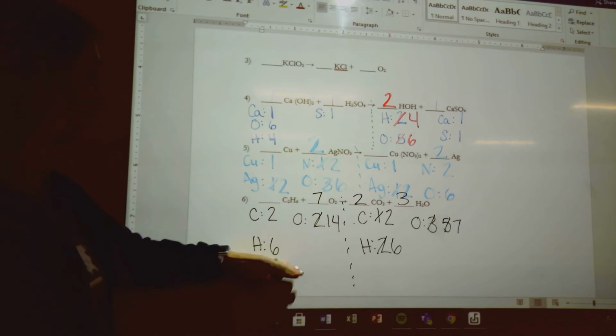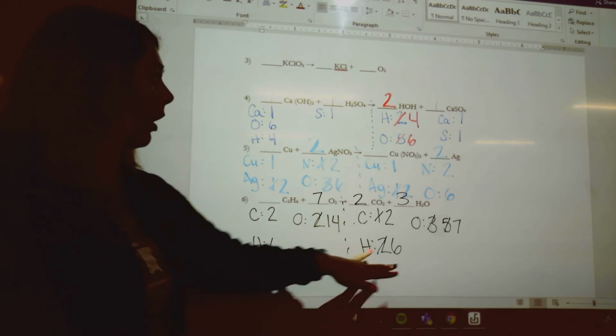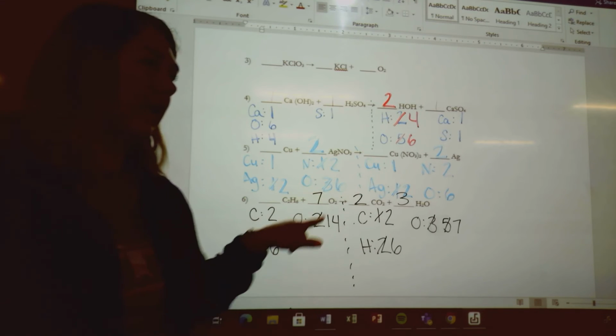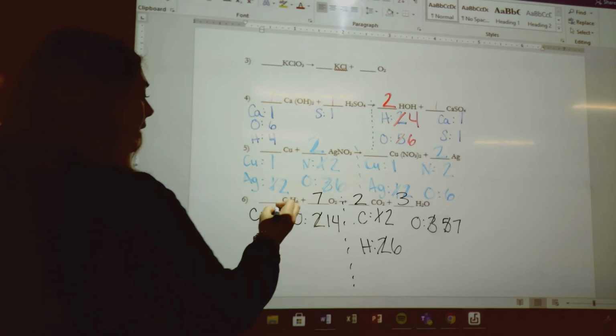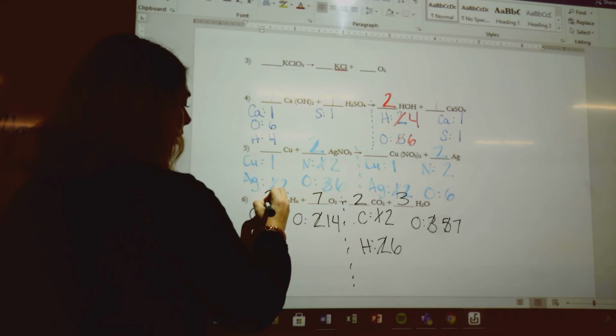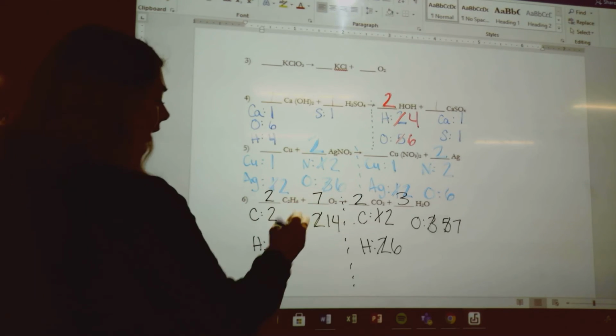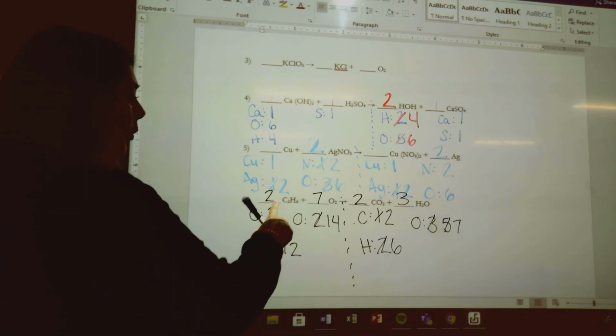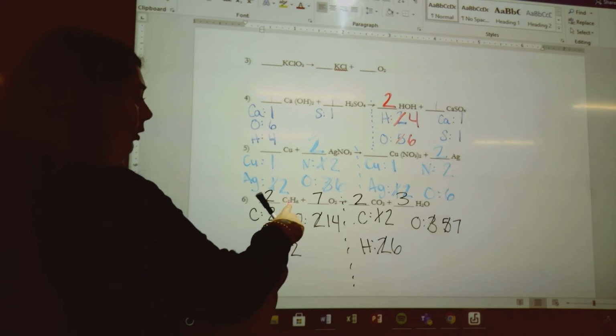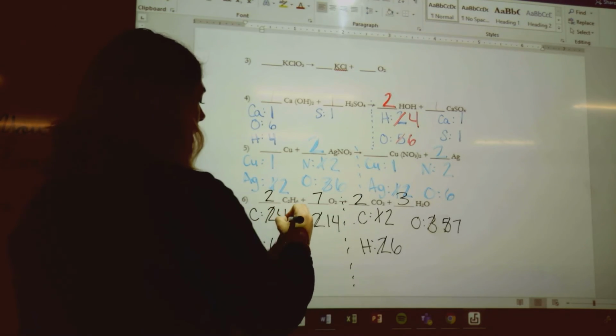So let's see if we get our hydrogens to 12. That will help guide what's going to affect our oxygens. Okay? So if we can get our hydrogens to 12, we need to put a 2 here. 2 times our H6 gives us 12, which is going to change 2 times our 2 carbons. Now we have 4 carbons.